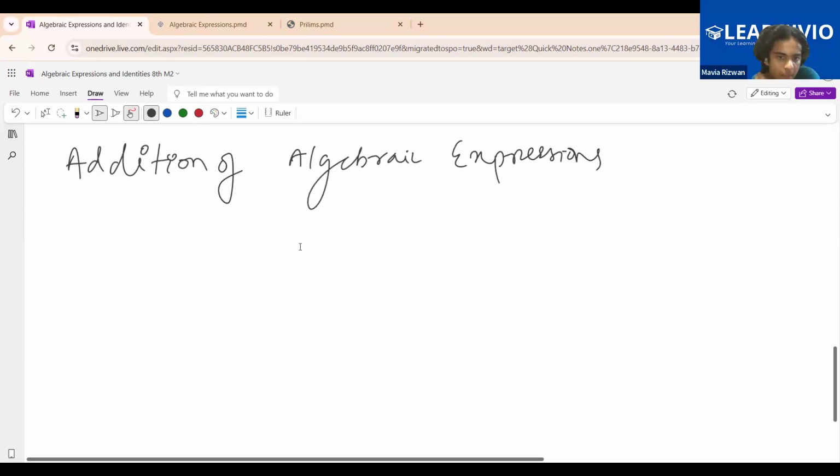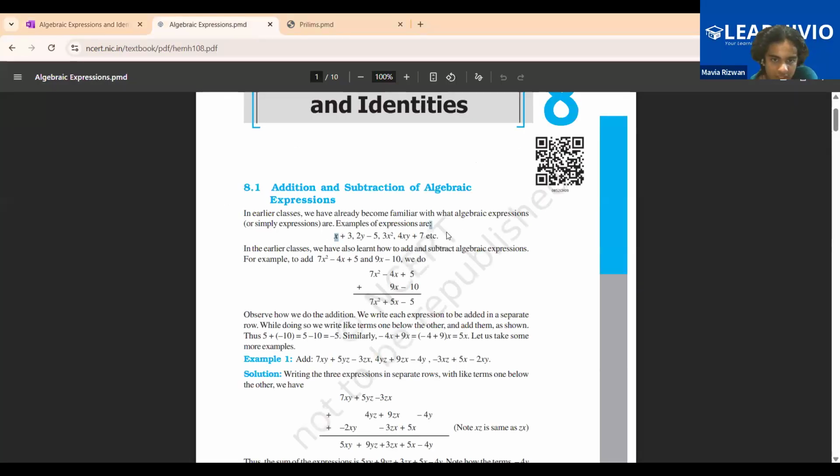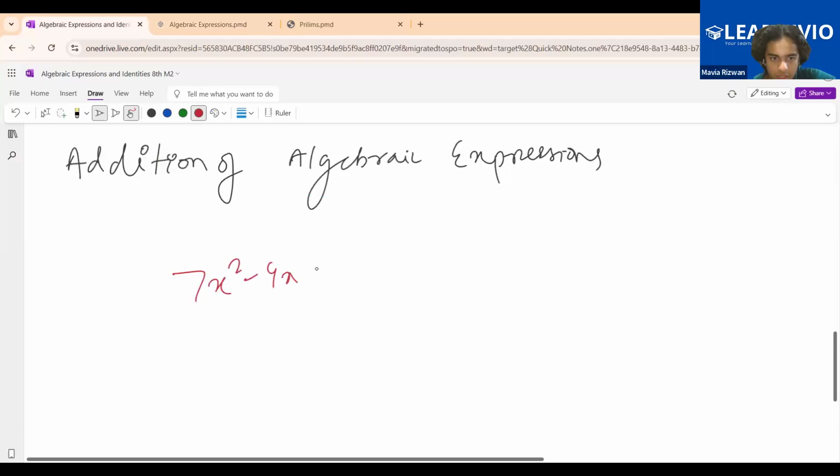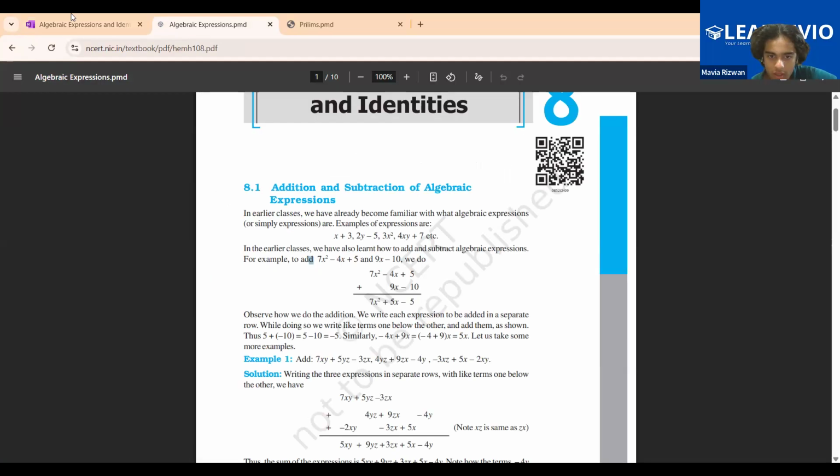Let's say I take this example. I have to add x plus 3, 2y minus 5, 3x square, 4x plus y is equal to 7. Many. I have to add 7x plus 5y minus 3x square. So let's take this: 7x square minus 4x plus 5. To this one I have to add 9x minus 10.